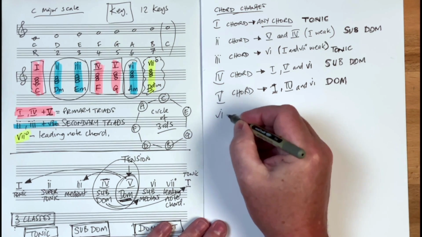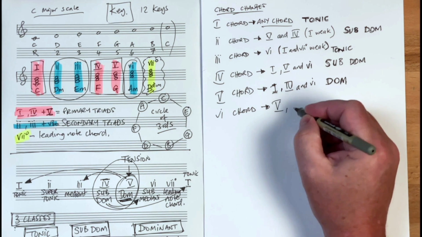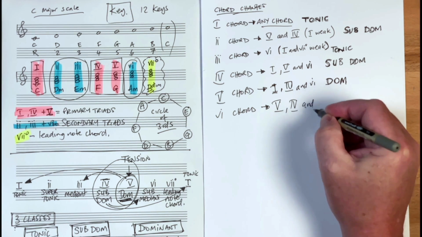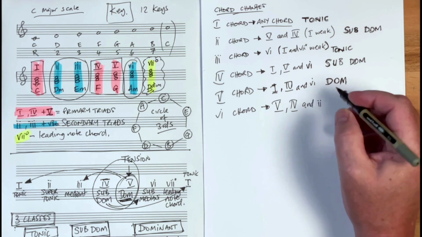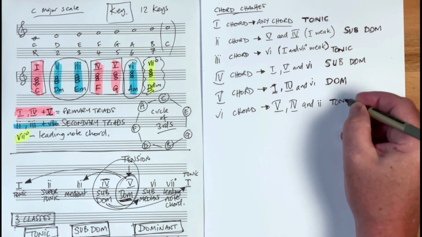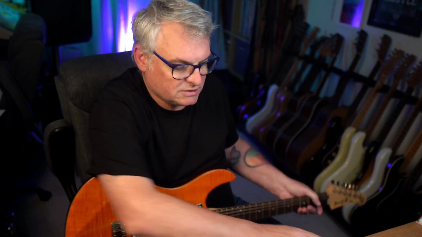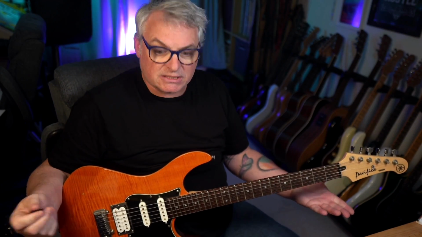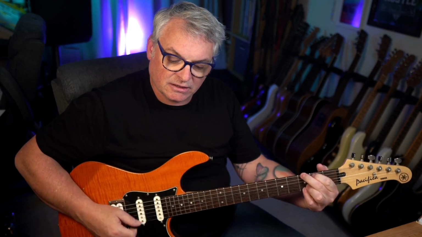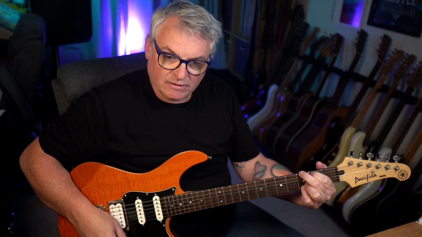Now we're going to have chord 6, likes to go to 5, likes 4, and it also likes 2, but it's a tonic class chord out of those 3 classes. Let's play through this. Tonic, it should sound fairly relaxed, okay? Because it's a tonic sound. Not much tension there at all, is there? Going from the A minor to the 4 chord.